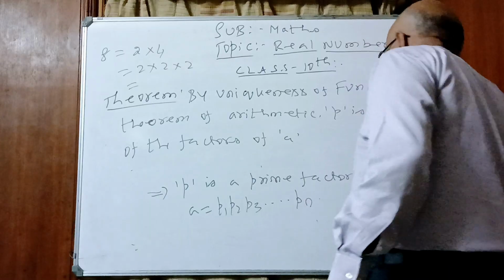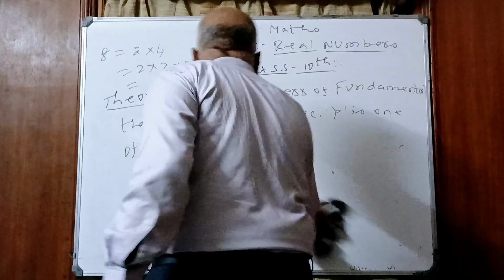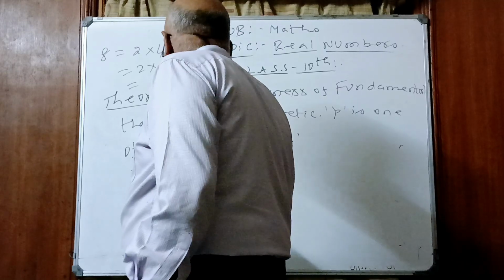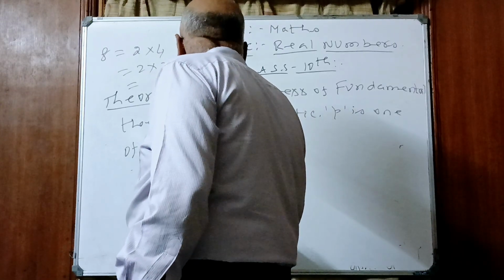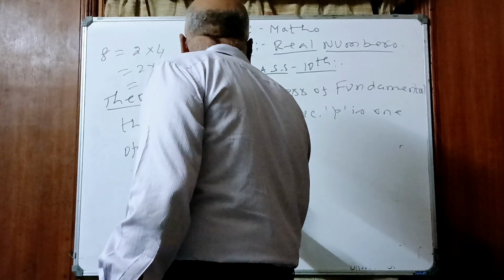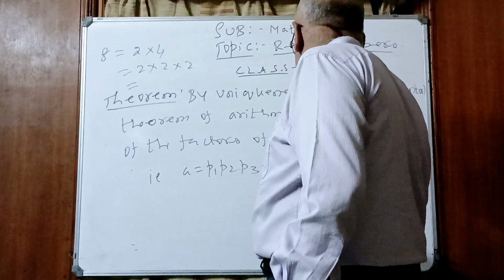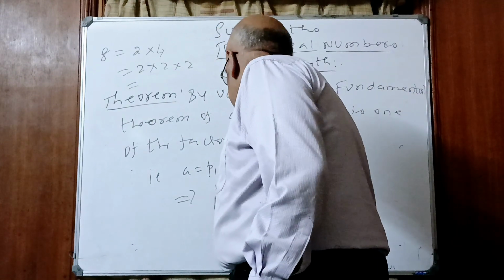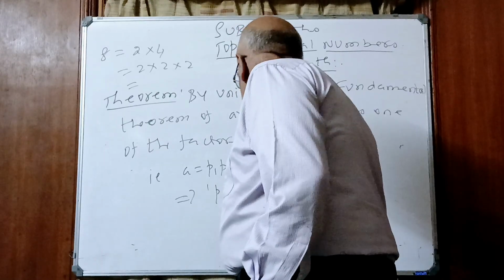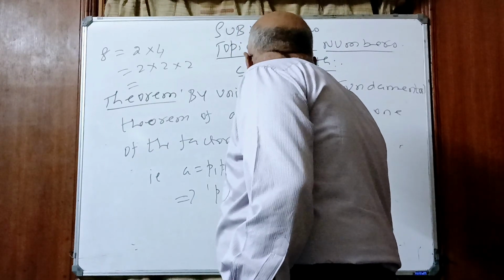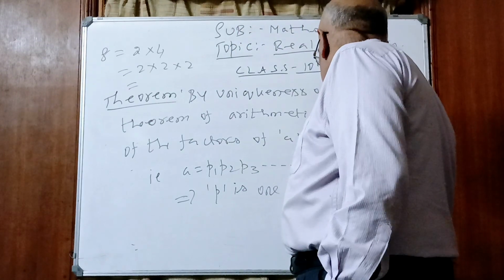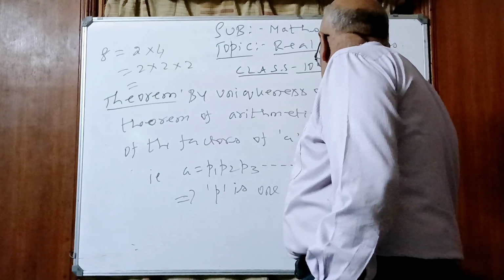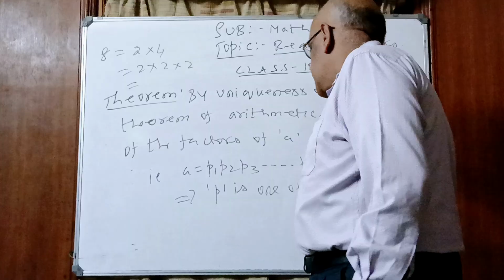Yes or no, children? That implies that A is equal to P1, P2, P3. I told you again and again we are writing the same thing. Only logic: implies that P is one of the factors.